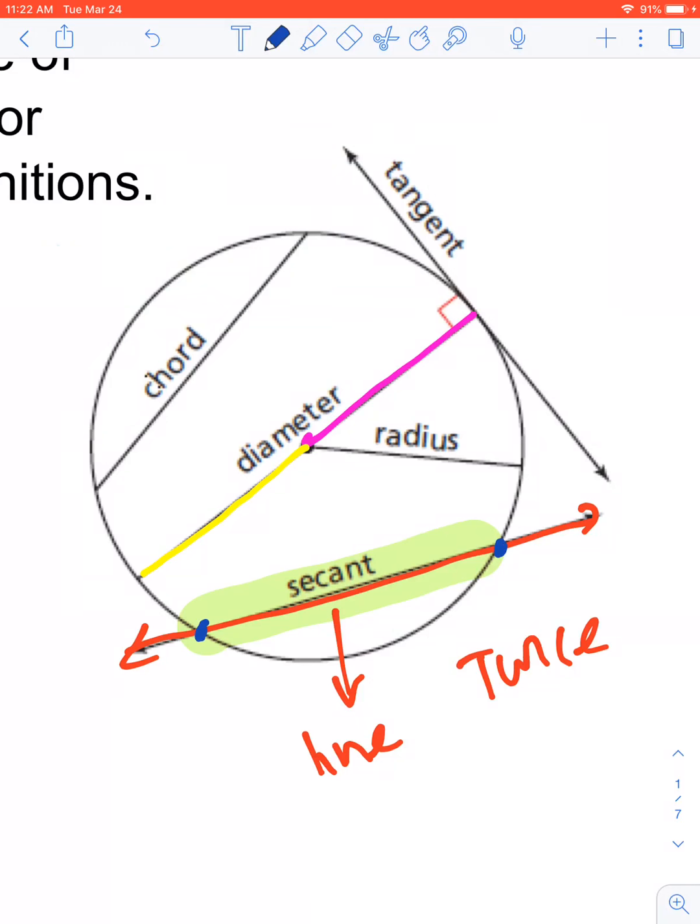A tangent is also a line, and instead of hitting the circle twice like a secant, a tangent hits the circle once. That's what makes it a tangent.